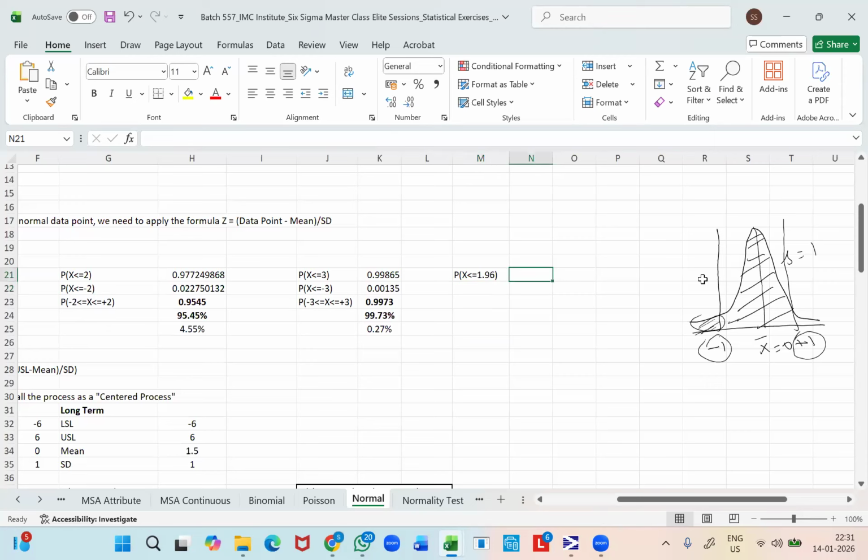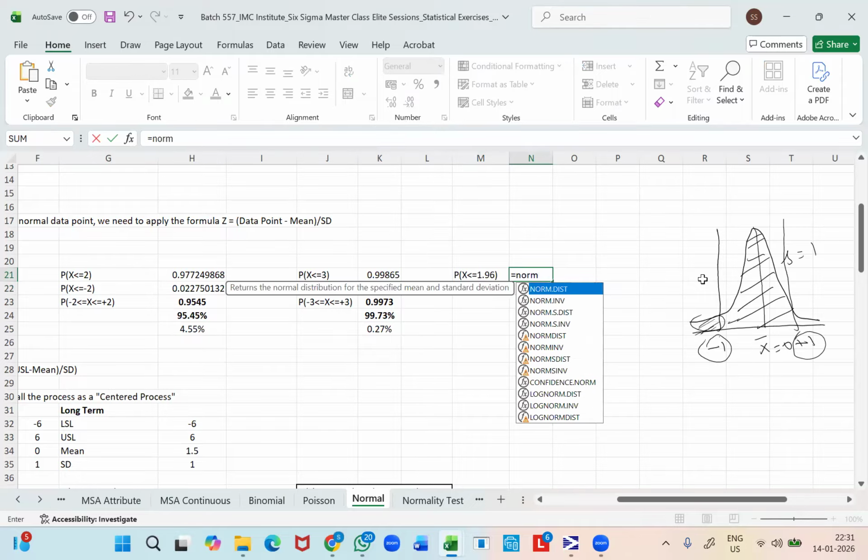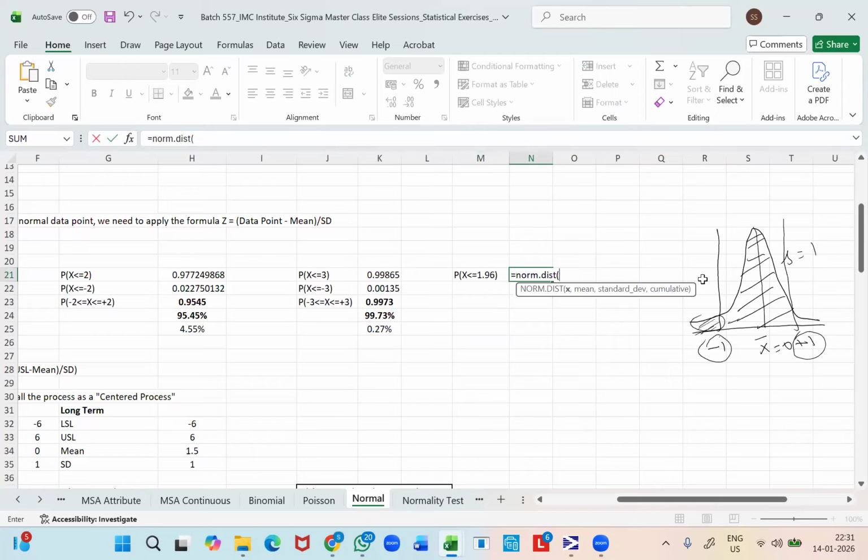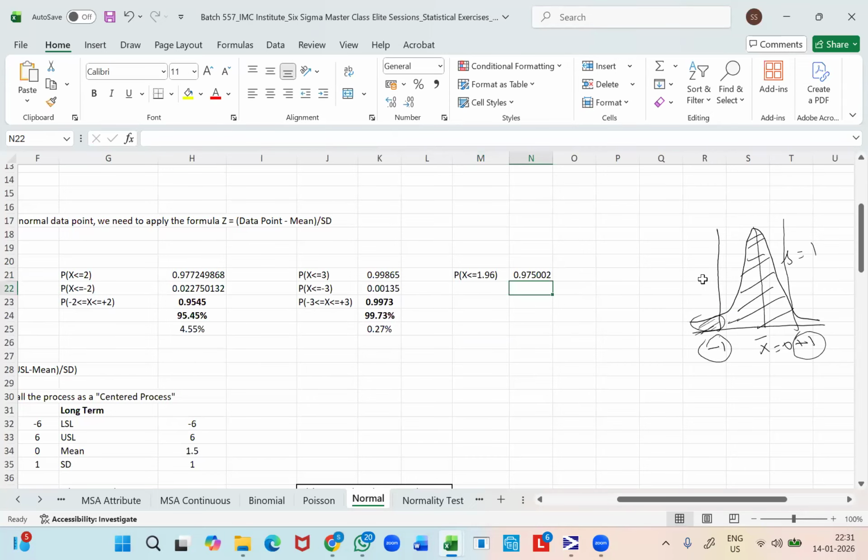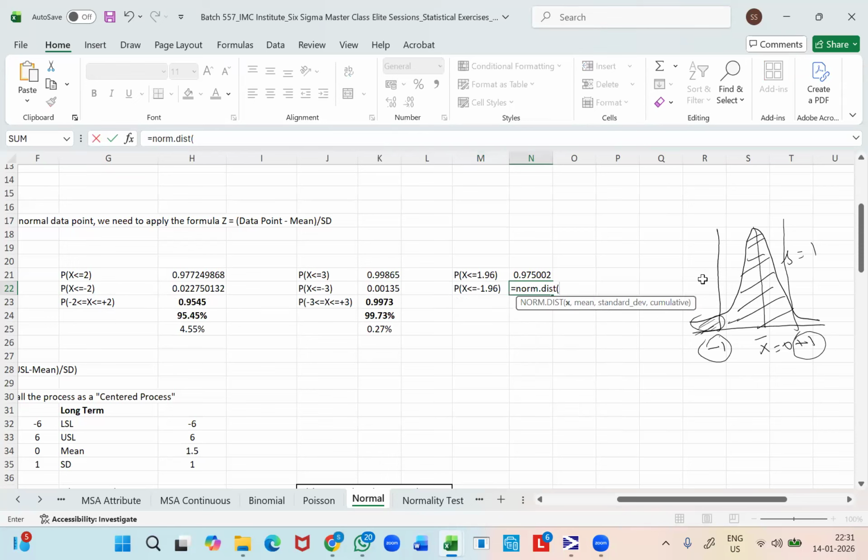So let us see. First I will calculate the entire area to the left of plus 1.96. Apply the formula is equal to NORM.DIST, X will be 1.96, comma mean is 0, standard deviation is 1, cumulative is 1. And then the area to the left of minus 1.96, less than or equal to minus 1.96, again is equal to NORM.DIST, open bracket, we give the x reference value as minus 1.96, comma 0, comma 1, comma TRUE.